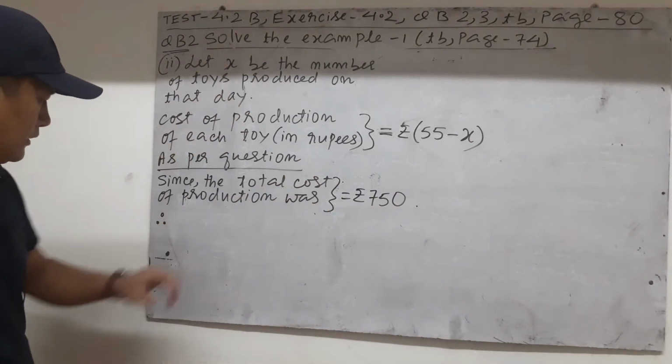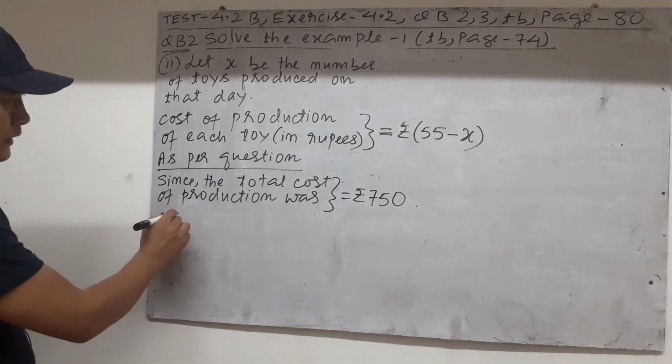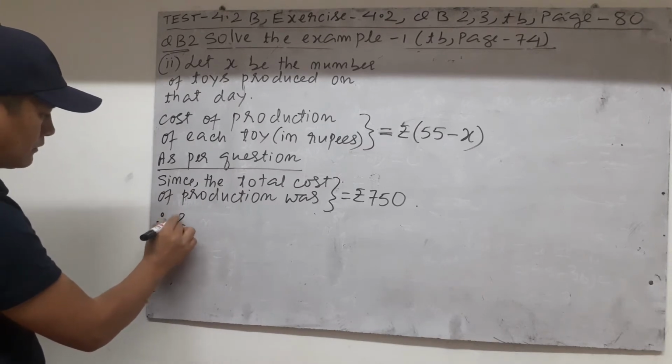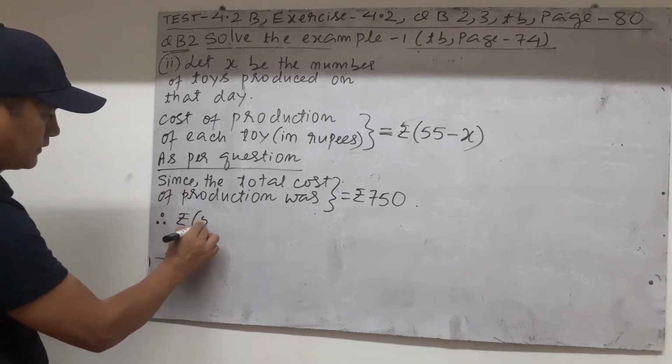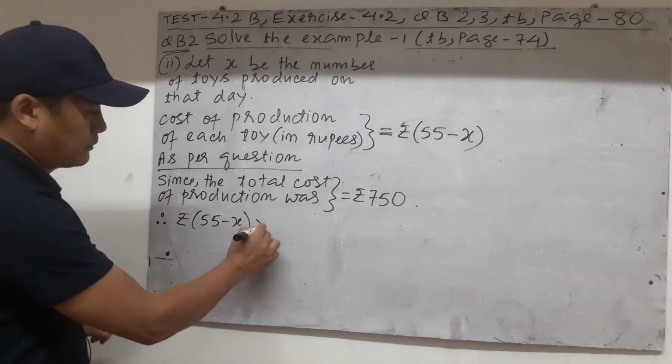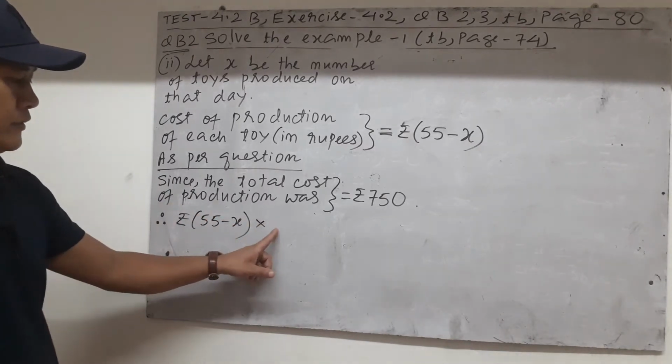So you know total cost is cost of one toy. So cost of production of one toy, each toy, rupees 55 minus X, is the cost of producing one toy, multiplied by the number of toys produced on that day.